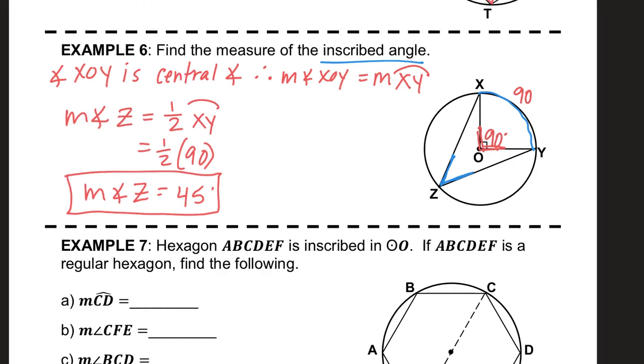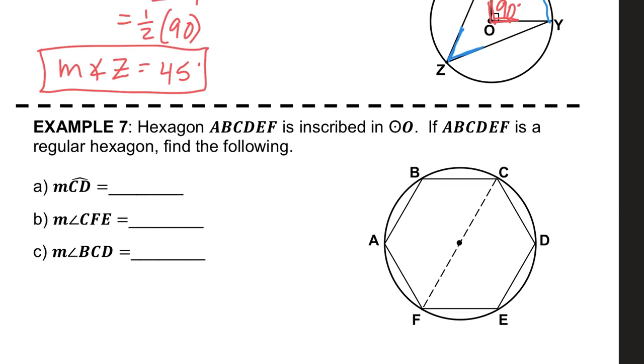The next one, we now have a hexagon inscribed. What we need to see here is when we talked about the last unit, we talked about regular polygons. A regular polygon just means that all sides and angles are congruent. So what we need to remember there is all sides are congruent.